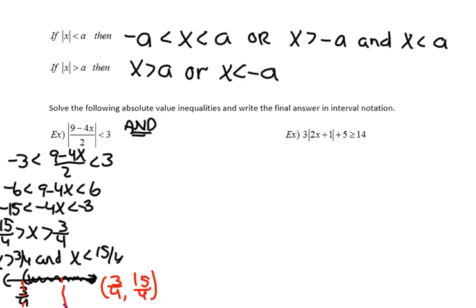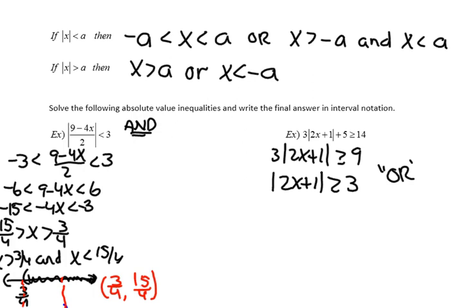Okay, so let's solve the next inequality then. Again, I want to get the absolute value bars by themselves. So I'm going to subtract the 5, and divide by 3. Now, the absolute value bars are by themselves, and it's greater than or equal to, meaning this is an or statement.